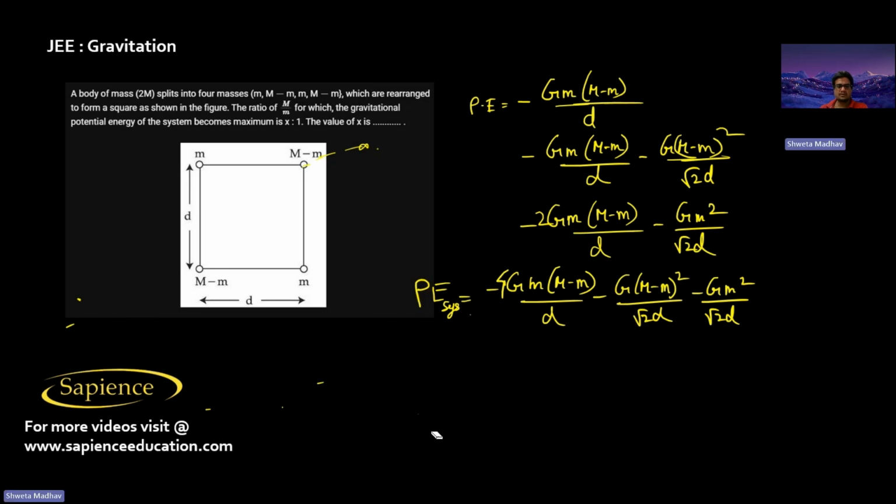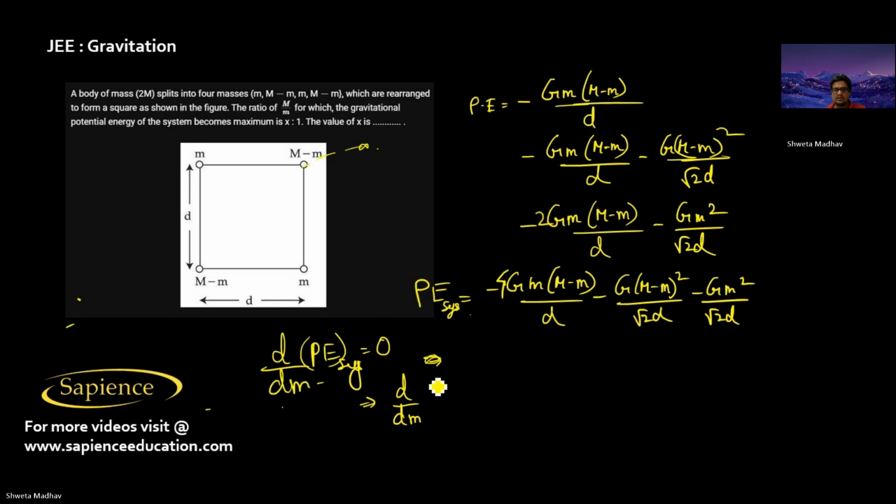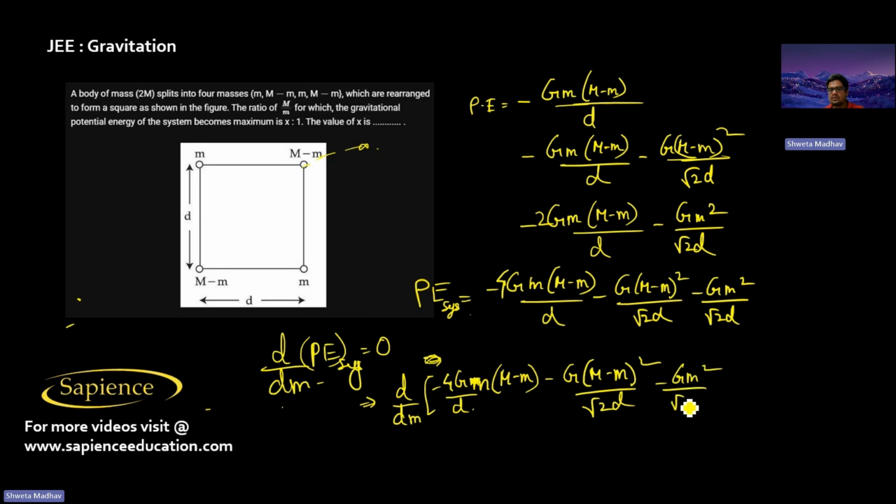So for maxima, I can say that d by dM of the potential energy of the system should be equal to 0. Therefore, d by dM of minus 4 GM m by d, minus G m into (M minus m) whole square by root 2 d, minus G M square by d root 2 d, that should be equal to 0.